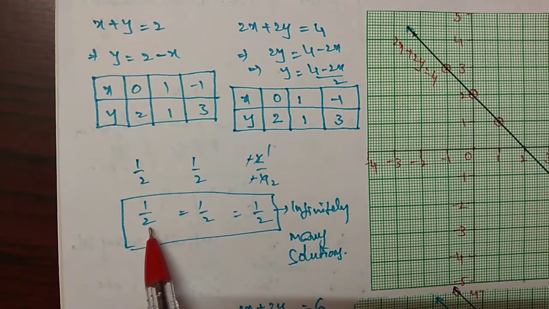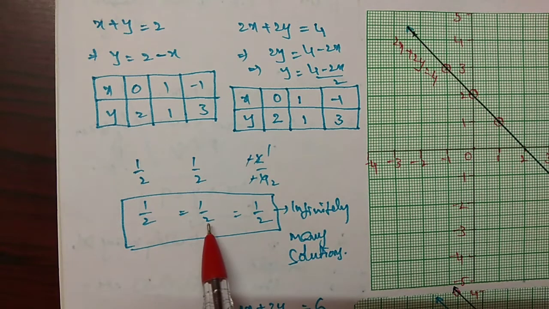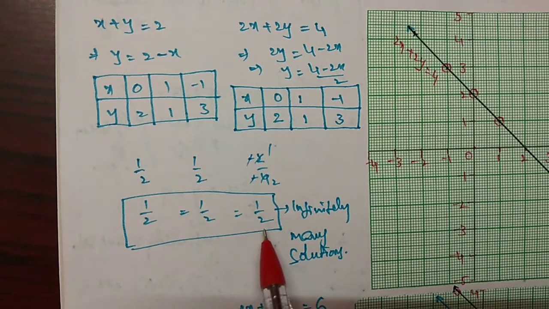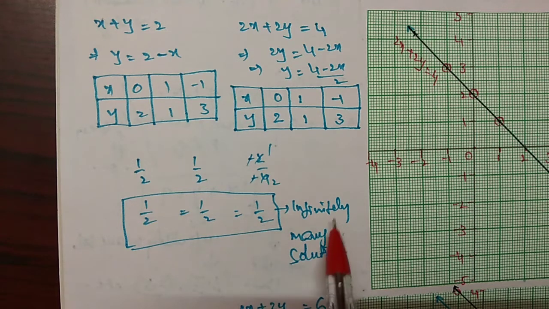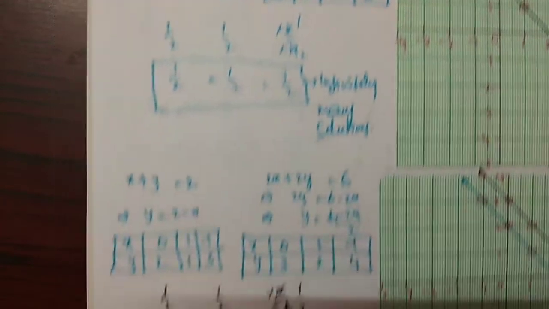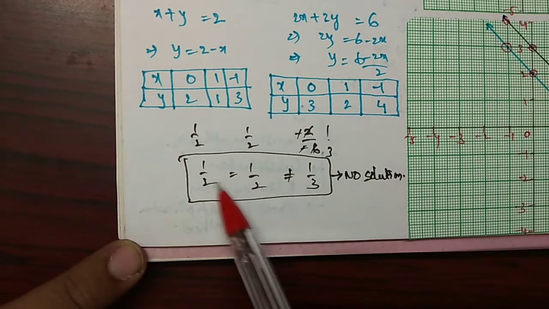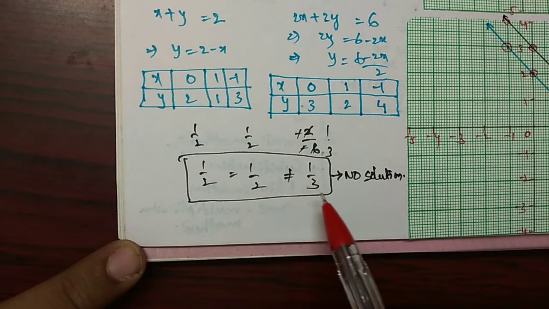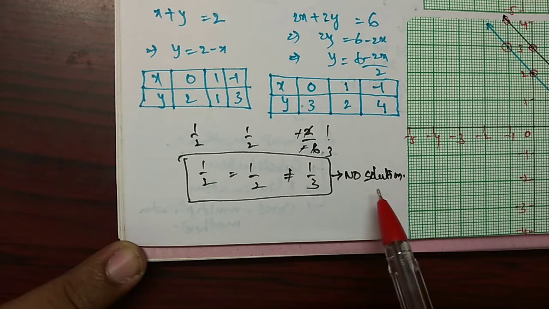When the ratio of coefficients of x equals the ratio of coefficients of y, again there are two cases. If it is equal to the ratio of constants, then it has infinitely many solutions. If the ratio of coefficients of x equals the ratio of coefficients of y but is not equal to the ratio of constants, then the pair of linear equations has no solution.